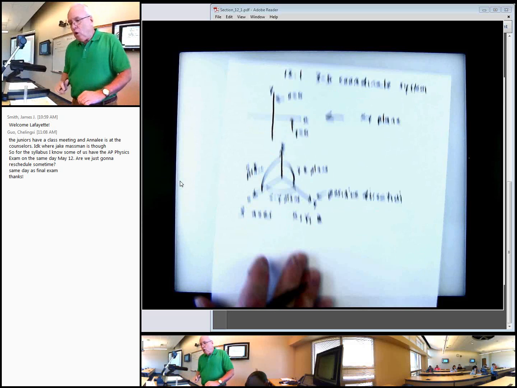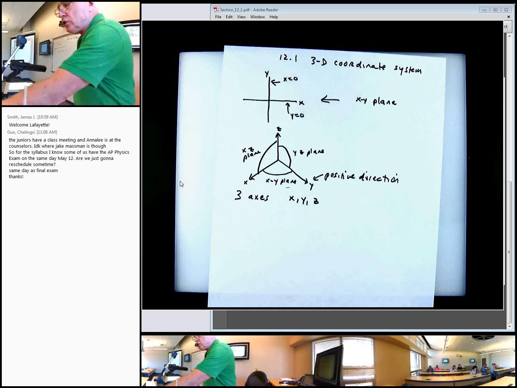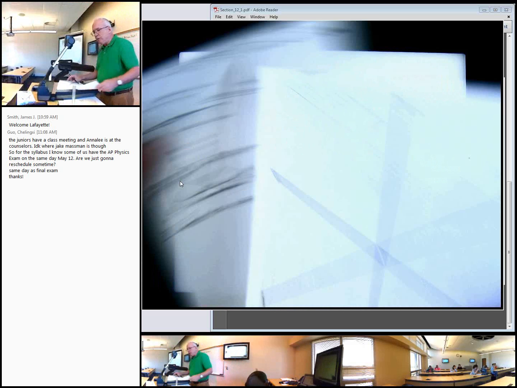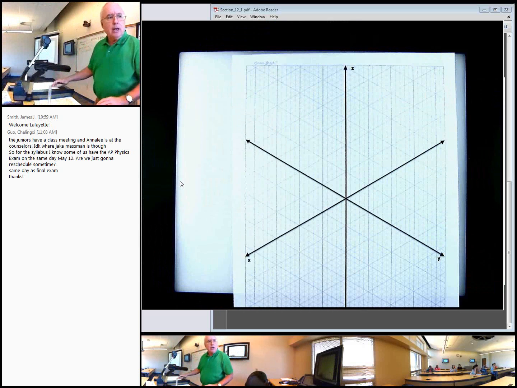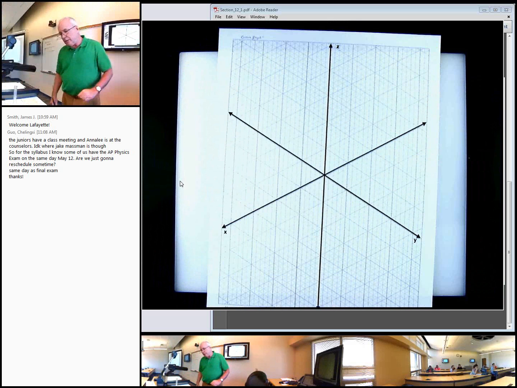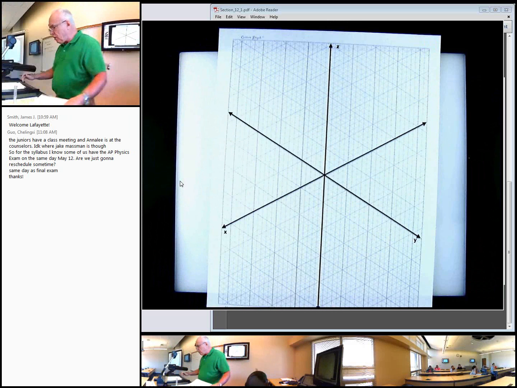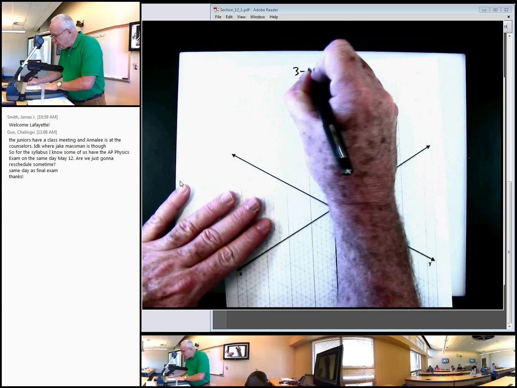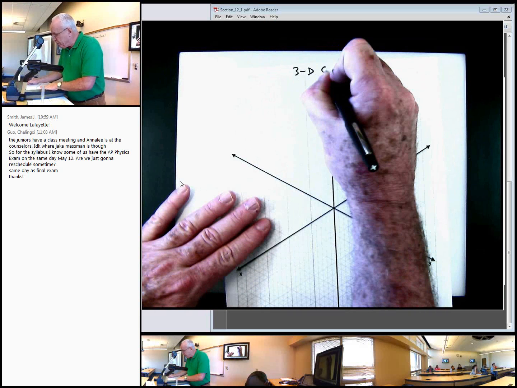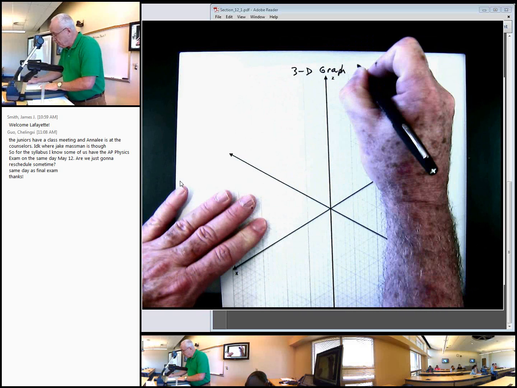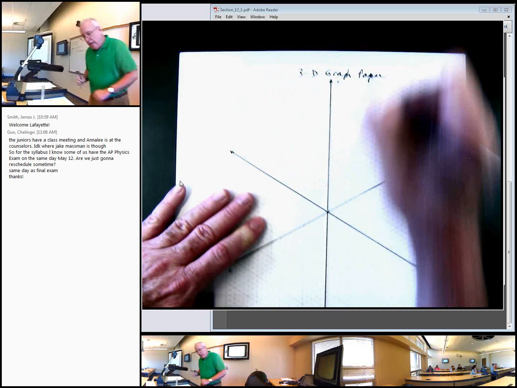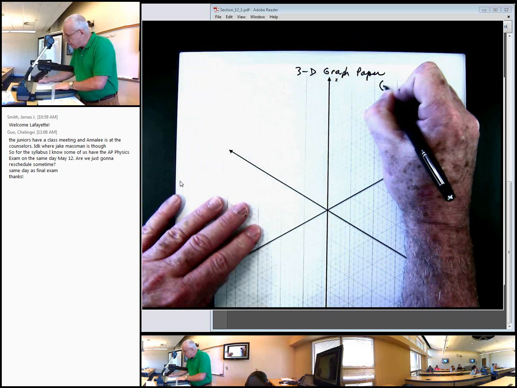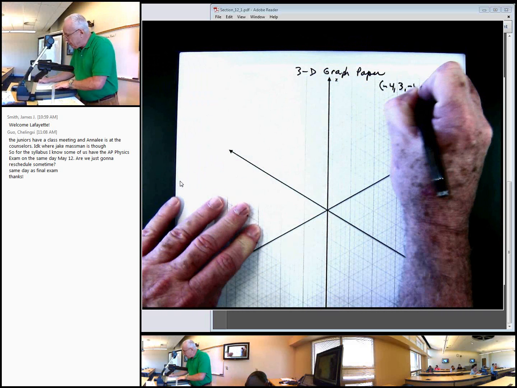Okay, so what I want to look at next is using this 3D paper to show how we can plot a couple of points here. First of all, this is called 3D graph paper. Let me plot this point here, -4, 3, and -5.